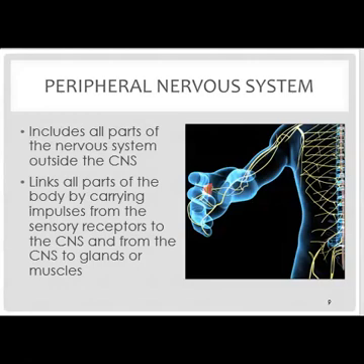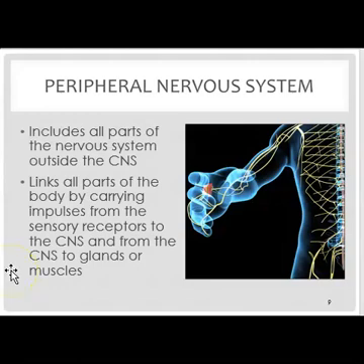And so the peripheral nervous system is going to be kind of the roads or the pathways that get the information to the central nervous system so decisions can be made. And then once those decisions are made, the peripheral nervous system will be the roadway to get that information to the muscles and the glands. So I always think of the peripheral nervous system as the roads that are connecting these main pieces: the spinal cord, the sensory organs, the brain, the muscles, the organs.